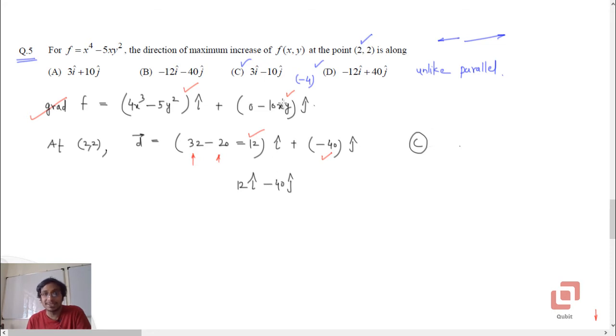So that is option C, because the vector in C is obtained when you multiply our vector by a positive constant, which is 1 upon 4. And because 1 upon 4 is positive, C is going to be the right option. Maximum increase, C. Had it been maximum decrease, we would have selected option D.